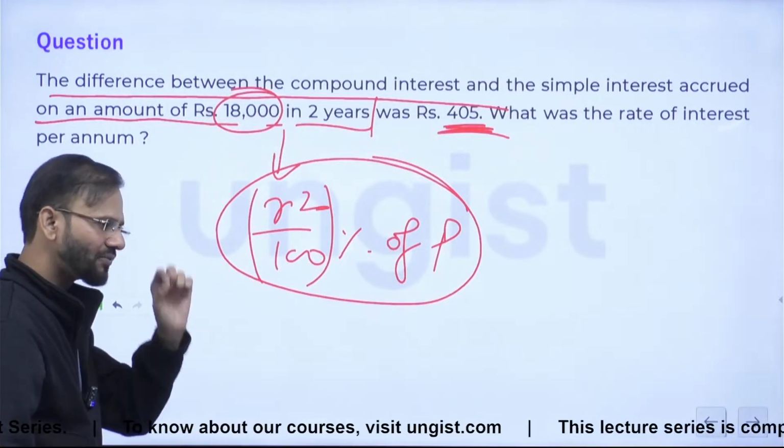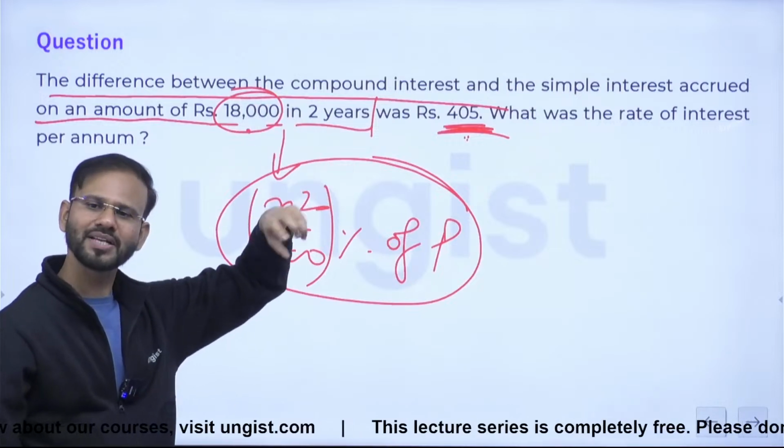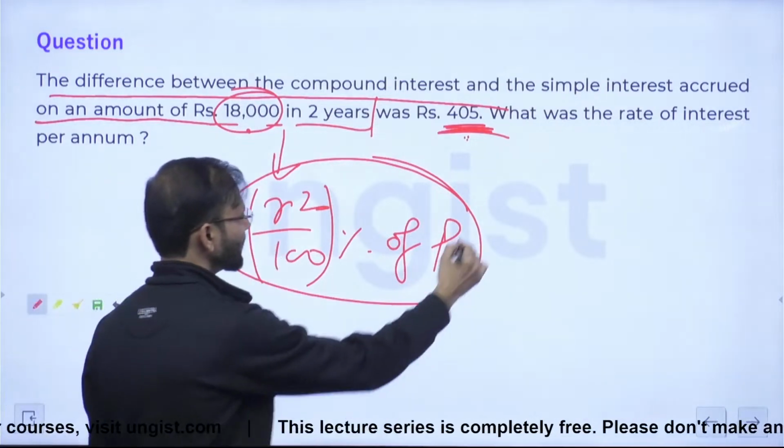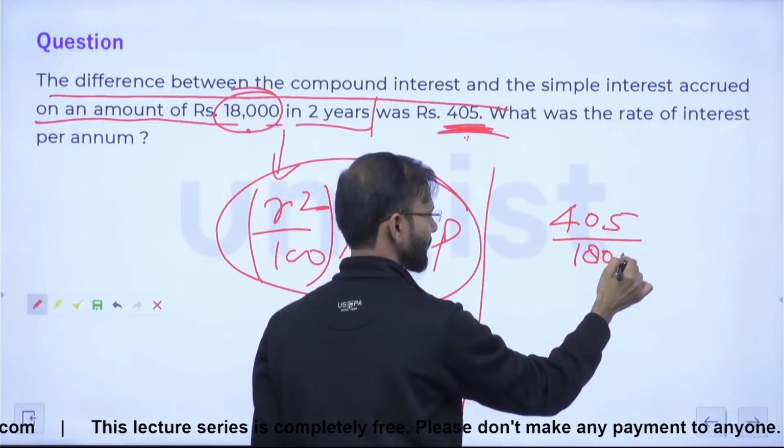So you just have to check what percent this is of that, and it will be the same as R square by 100%. So 405 is what percentage of 1800, I mean 18,000?